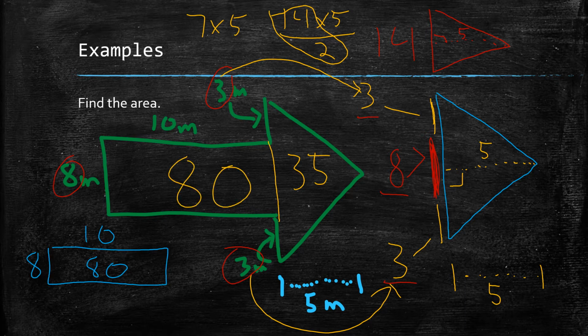So now I just add these two numbers up and I get my final answer. 35 plus 80 is 115 meters squared. As long as the directions say find the area, that is going to be squared.